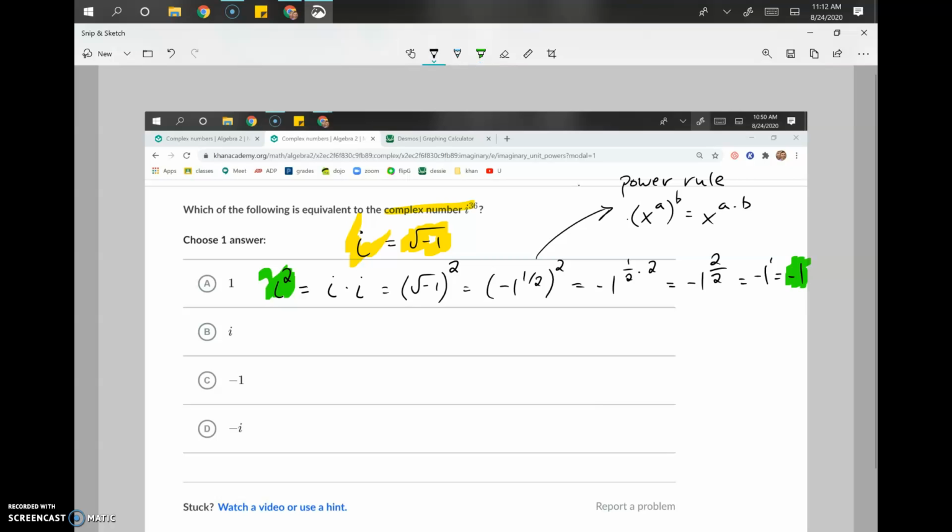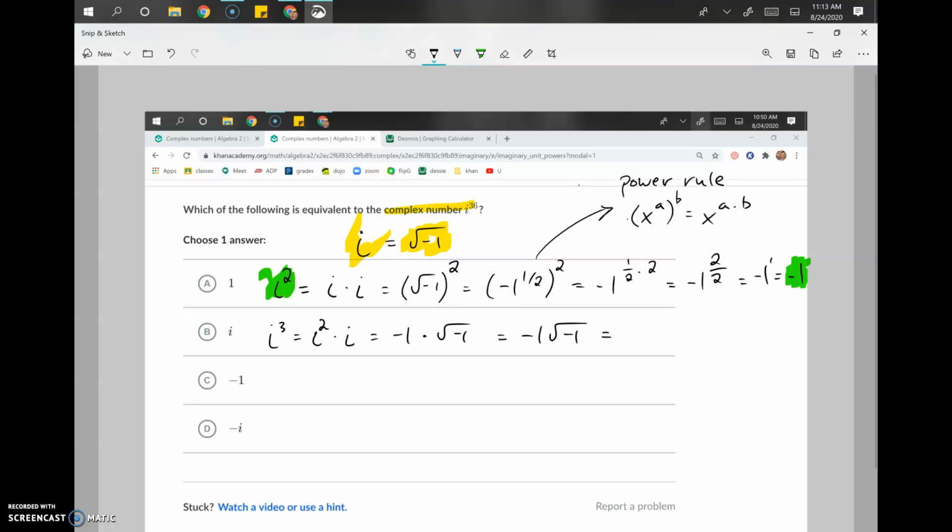So let's consider i to the third power. i to the third power is the same thing as i squared times i. And we know that i squared is -1, and we know that i is the square root of -1. If we multiply those together, we get -1 times the square root of -1.